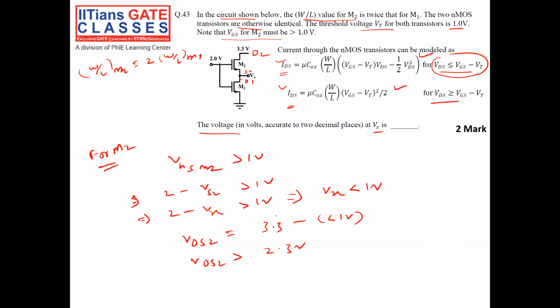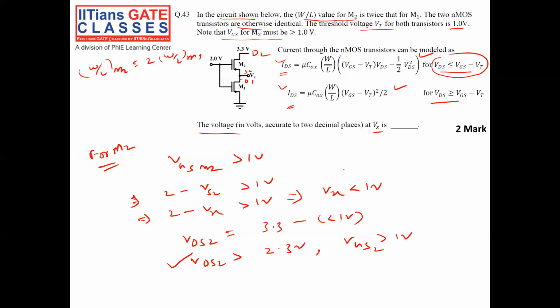If Vx is less than 1 volt, then 3.3 minus something less than 1 volt should be greater than or equal to 2.3 volt. So VDS2 is greater than 2.3 volt. What is VGS? It is given as greater than 1 volt, right?